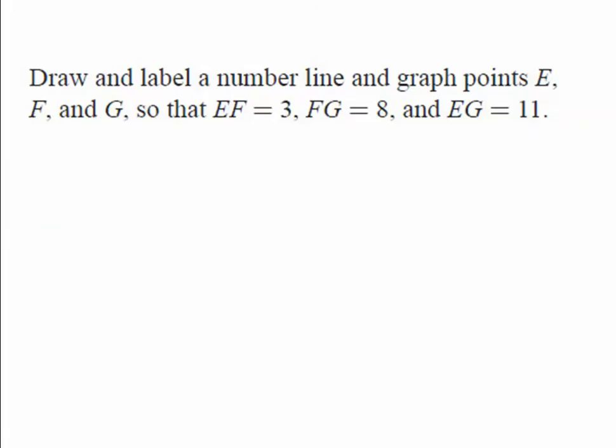Okay, this next one says, draw and label a number line and graph points E, F, and G so that EF equals 3, FG equals 8, and EG equals 11. Well, I know that from E to G is 11. I looked for the biggest number.